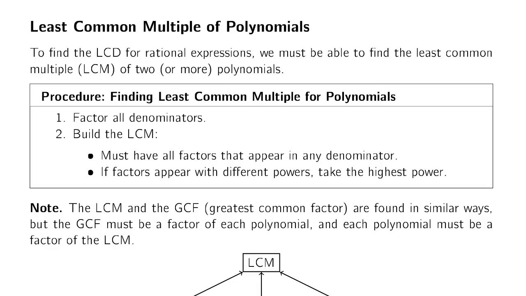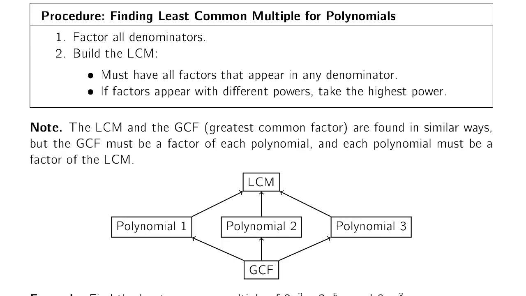This is really similar to the way that we built the greatest common factor, except for the greatest common factor, we only took factors that appeared in all of our monomials or polynomials, and we took the lowest power. The greatest common factor has to go into each polynomial.